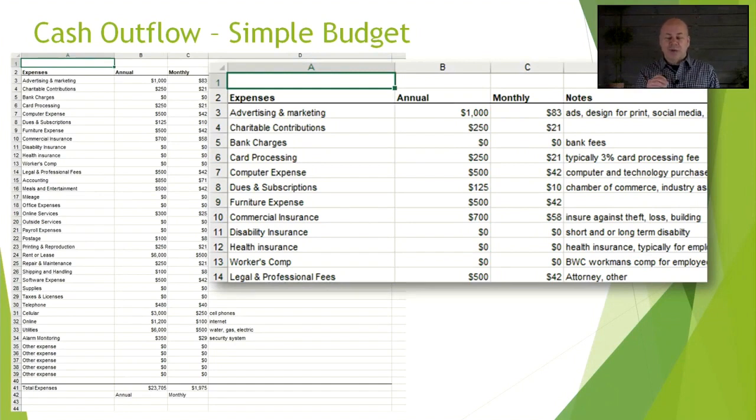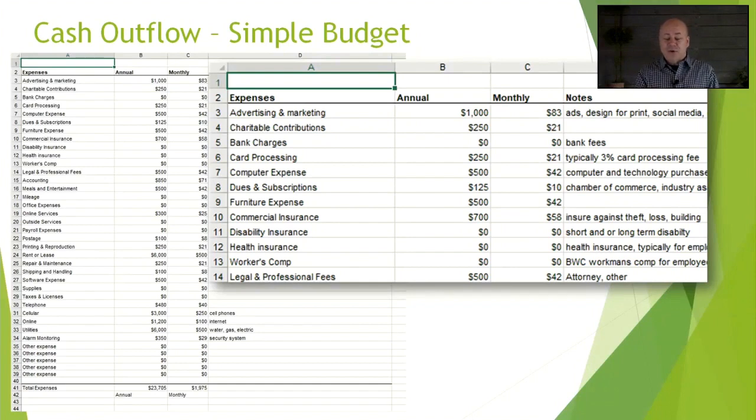And then you can go through each line and ask yourself some questions about how you might be able to cut back or eliminate some of those expenses. Or in certain cases, you might have to figure more money for those line items. This template will just make a monthly average of those, and then it totals up your monthly expenses down at the bottom, which gets carried over to the expense sheet.